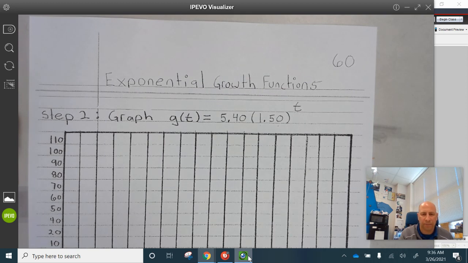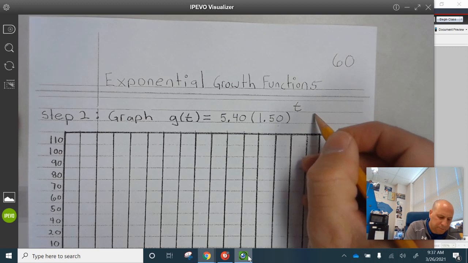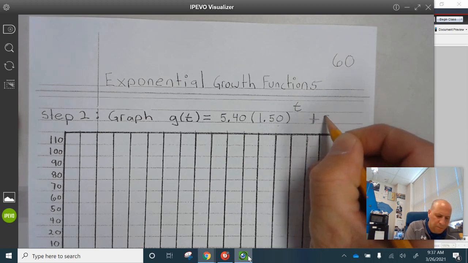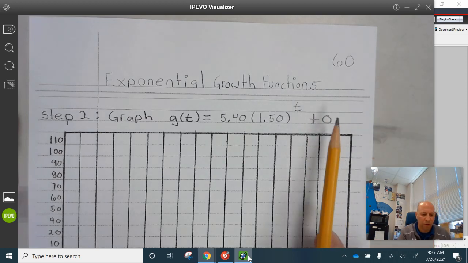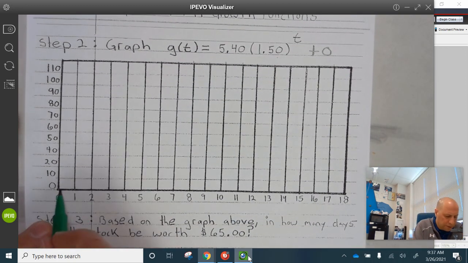And we're going to graph that. Now, technically, this is plus 0. So our 0 is our asymptote. Okay. So we're going to have an asymptote here at 0.